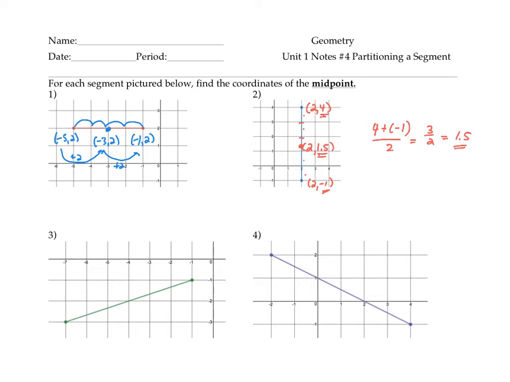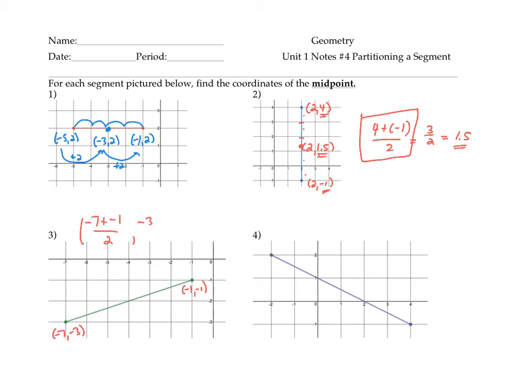And number 3, let's check it out. This endpoint is at -7, -3. And this endpoint is at -1, -1. So if we take this idea from the last question about finding the midpoint by finding the average of our two endpoints, take -7 plus -1 and divide it by 2.